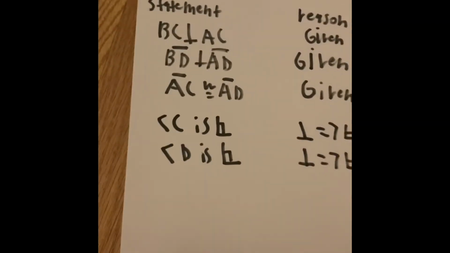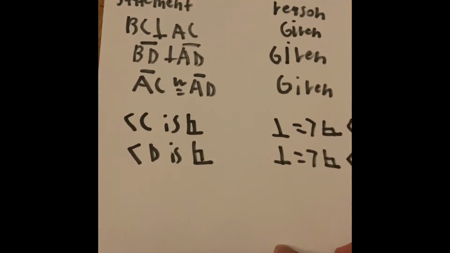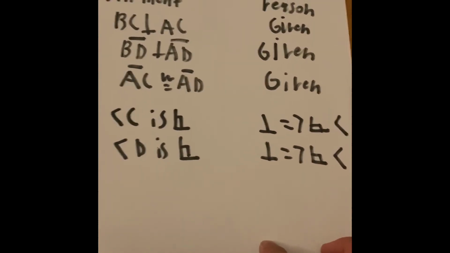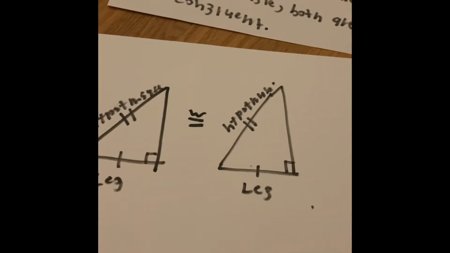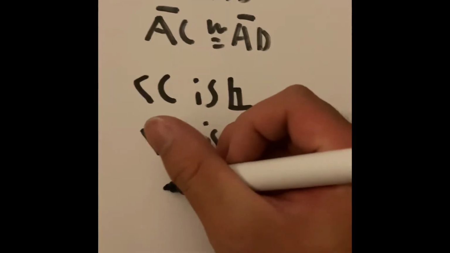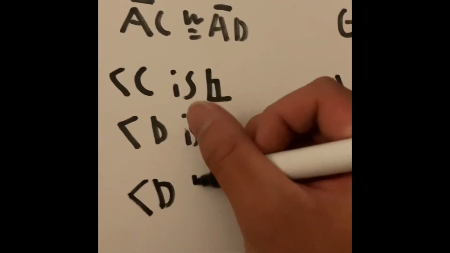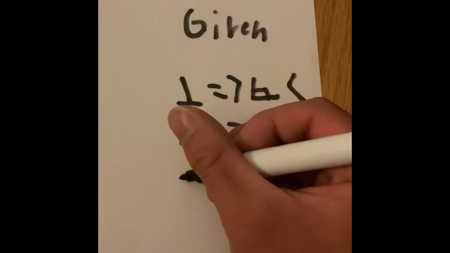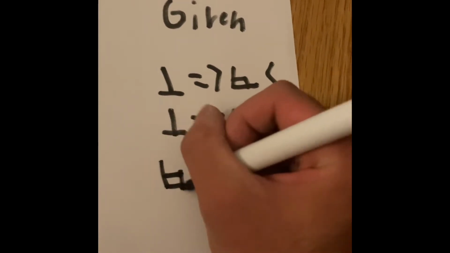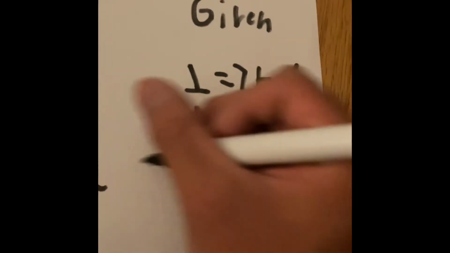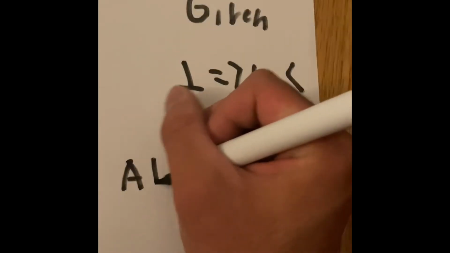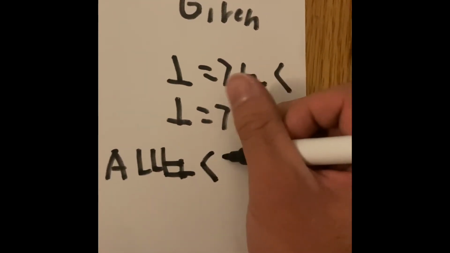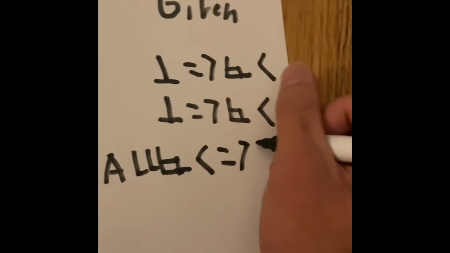Let's continue. If we want to show the two right triangles are congruent, we have to understand that angle D has to be congruent with angle C. Since they're both right angles, we could say that all right angles are congruent.